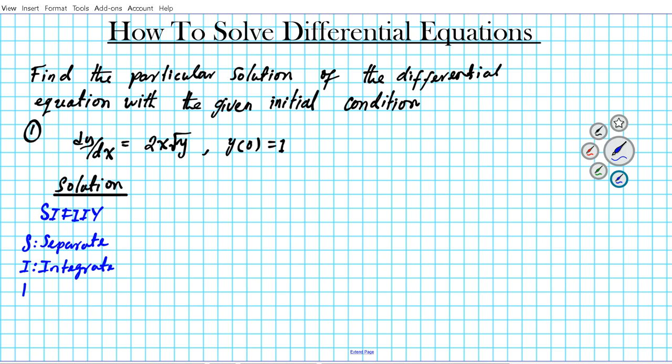And that's where the F comes in. F means you're going to have to find what that C is, using your initial condition, y of 0 equals 1. Then the I means you insert that C back into the equation. And for the last I, you basically isolate y. When y is isolated, you have the particular solution of your differential equation.